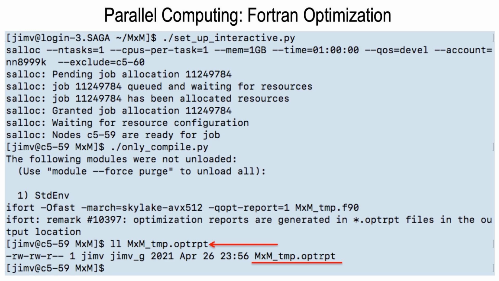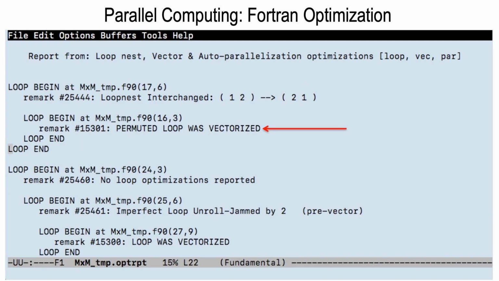Let's open the report using the Emacs editor. The optimization report indicates that the compiler performed loop interchange and vectorization on the first loop, responsible for initializing the matrices. Consequently, this loop has been optimized in a similar manner as the program without the TMP variable.